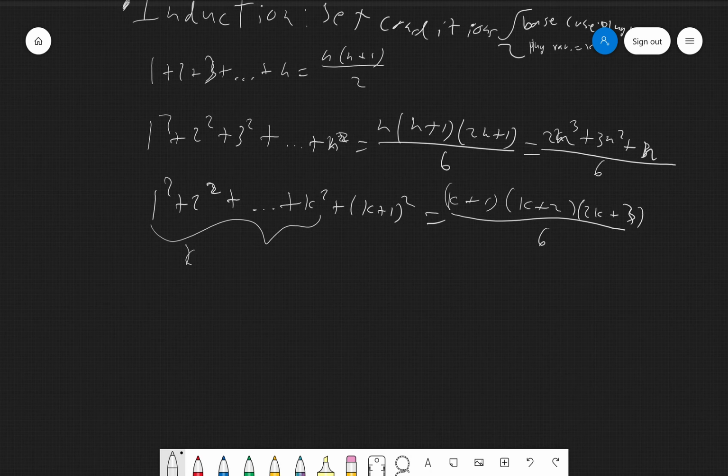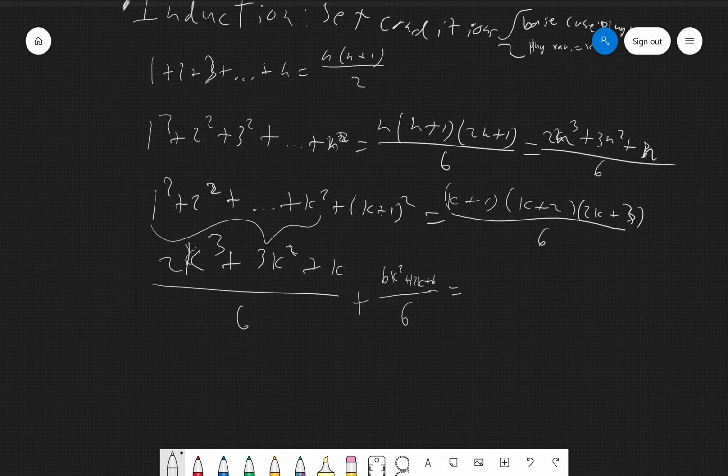So now you plug that in for k right over here, and you get 2k cubed plus 3k squared plus k over 6 plus k squared plus 2k plus 1, and find a common denominator of 6. You get 6k squared plus 12k plus 6.